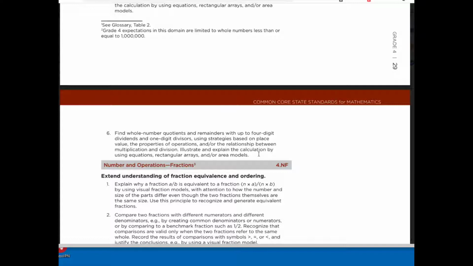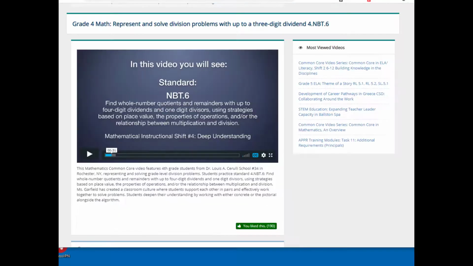Illustrate and explain the calculation by using equations, rectangular arrays, or area models. Okay, and I'm just going to click back to here, and she did not address the entire standard. Okay, very good. Okay, so that is the Common Core State Standard.